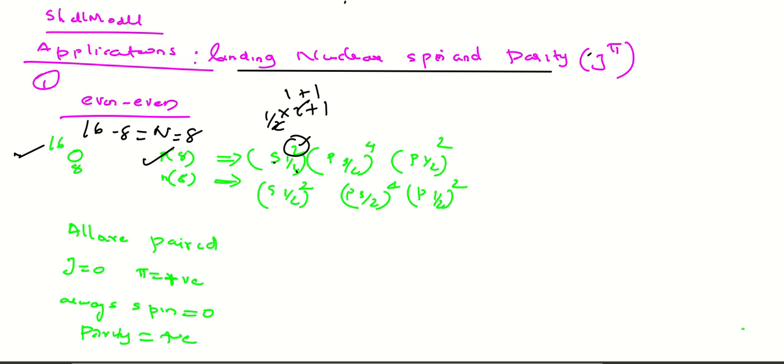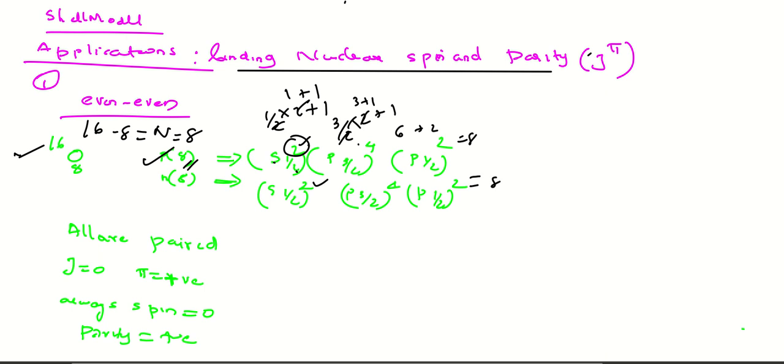For 3/2, it is 3/2 into 2 plus 1, so 3 plus 1, 4. So P3/2 consists of 4 nucleons, and it continues like that. We know there are 8 protons: 2 plus 4, 6 plus 2, 8. Here also 8 neutrons, 2 plus 4 plus 2, that's equal to 8.